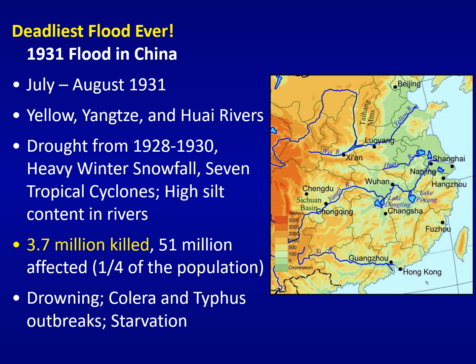And this is a very highly populated area. 51 million people were affected by these floods. That's a quarter of the population of China. And because of drowning and cholera outbreaks and typhus outbreaks, starvation, 3.7 million people were killed as a result of these floods. So pretty dangerous and deadly. And China's had its share of death from floods. Very, very sad.